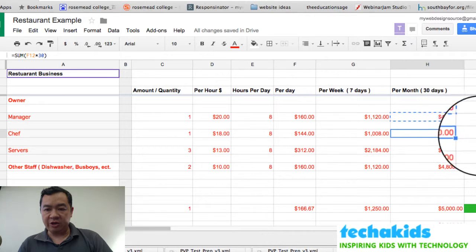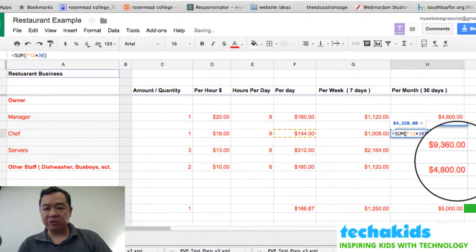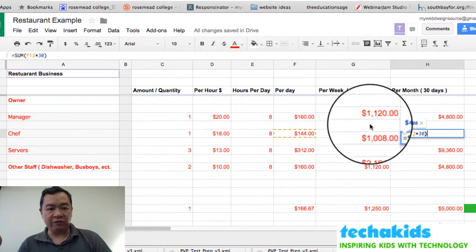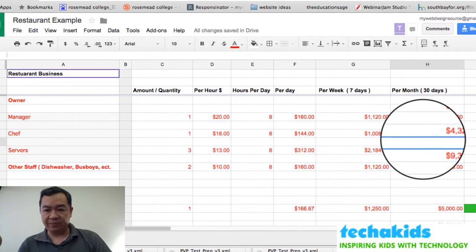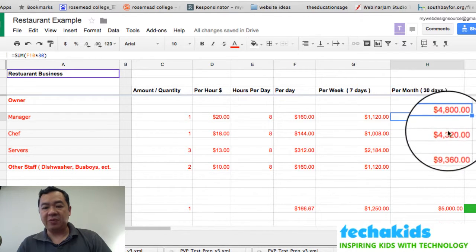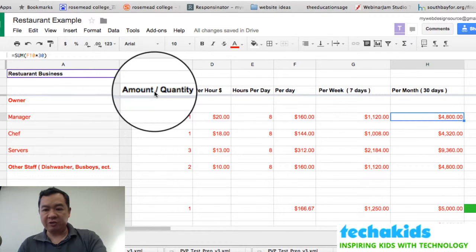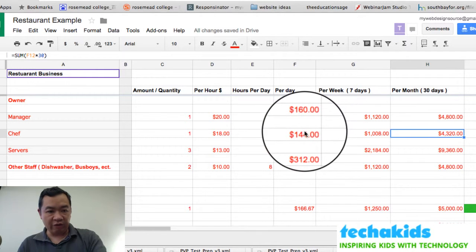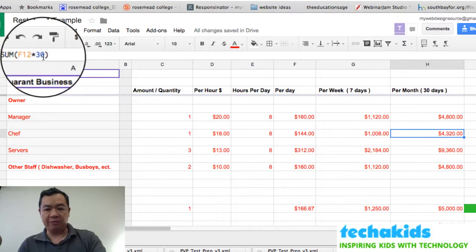Then you right click and paste, and if you push return, it copies the F12 multiplied by 30. If it's a little bit confusing, don't worry about that copy and paste function. Basically, the F10 right here is multiplied by 30, and the F12 is also multiplied by 30.